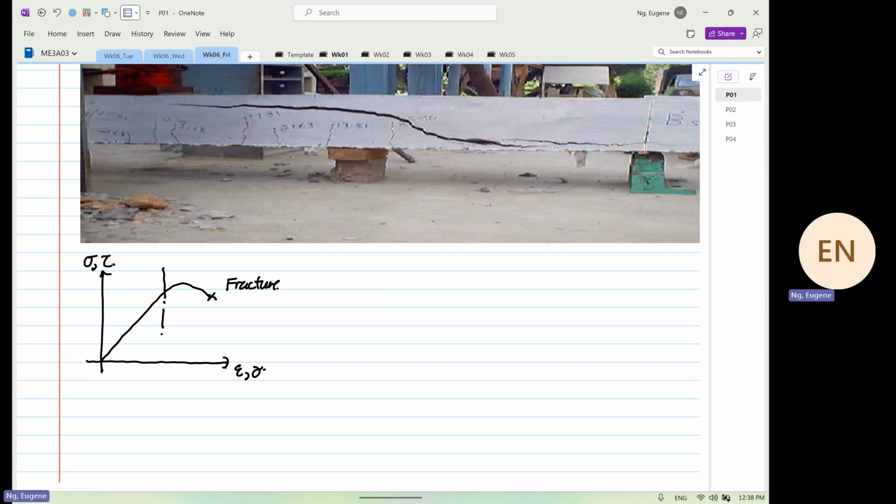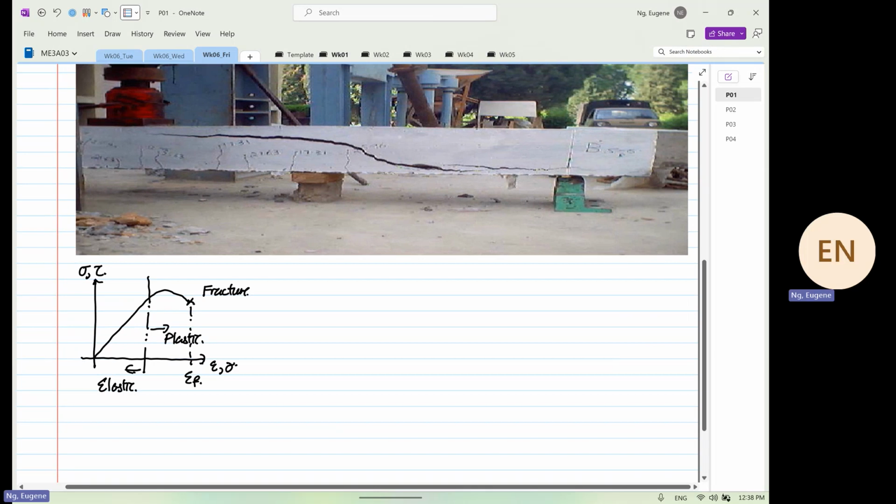If I divide this into two, this is our plastic region, and over here, this is our elastic region. So for most materials to induce fracture, we need to what? We need to induce sufficient epsilon F, meaning strain, to achieve fracture.